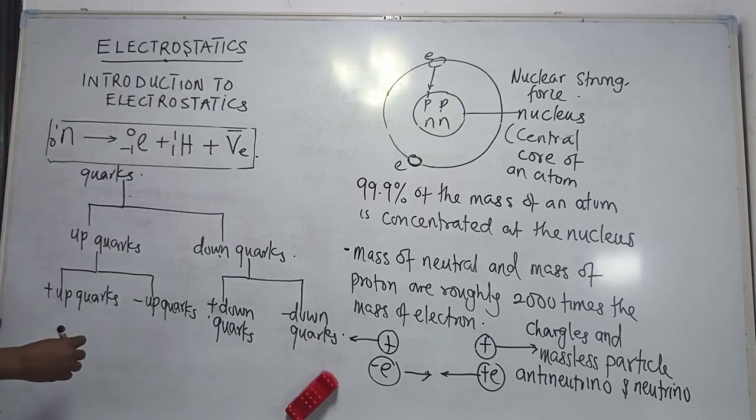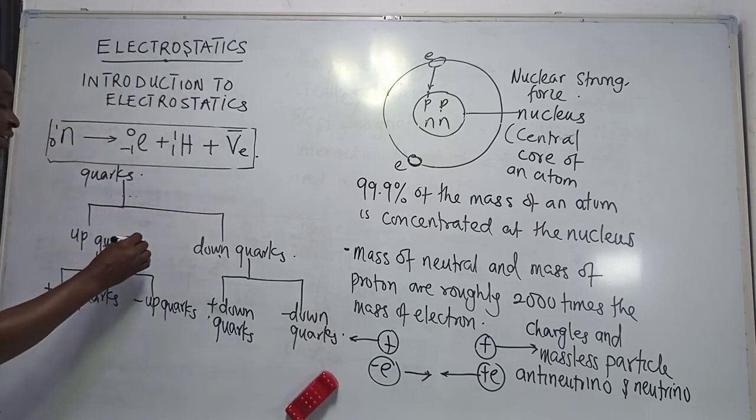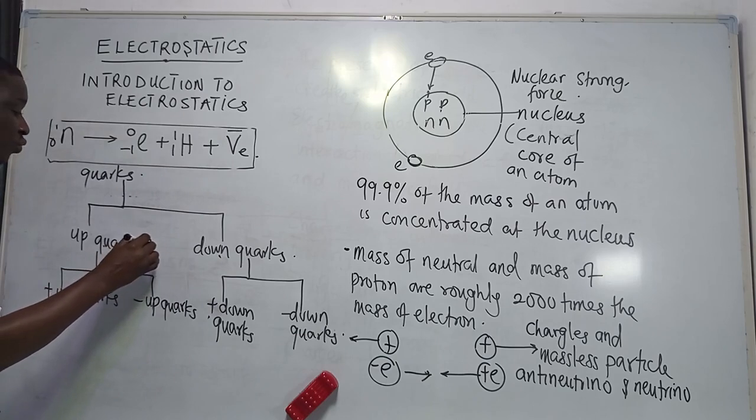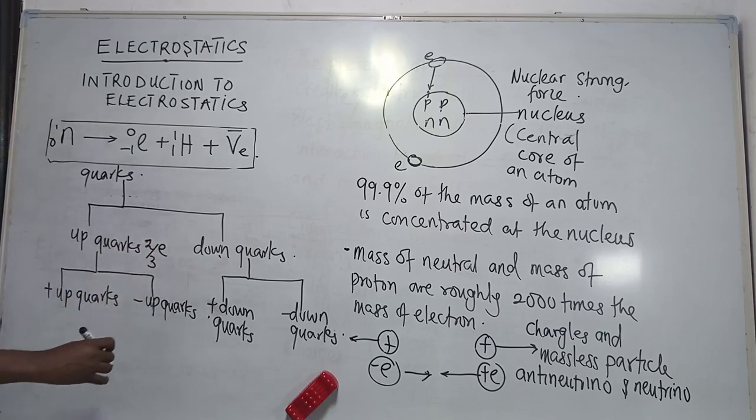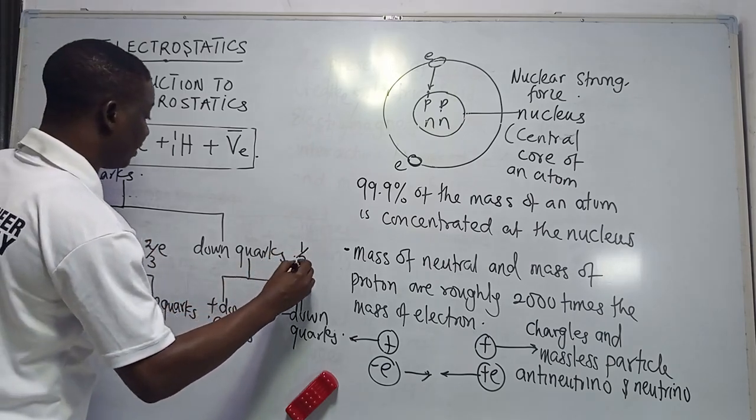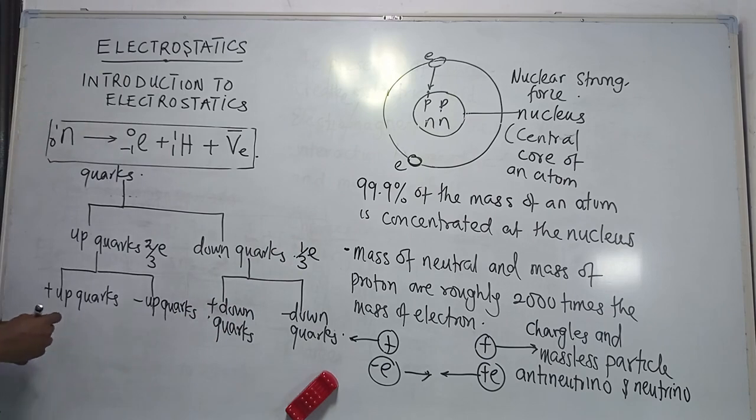So that means that the up quark is normally 2/3 of an electron charge, while the down quark is 1/3 of an electron charge.